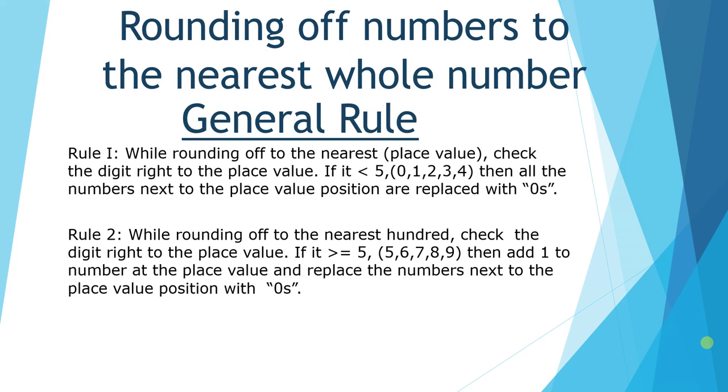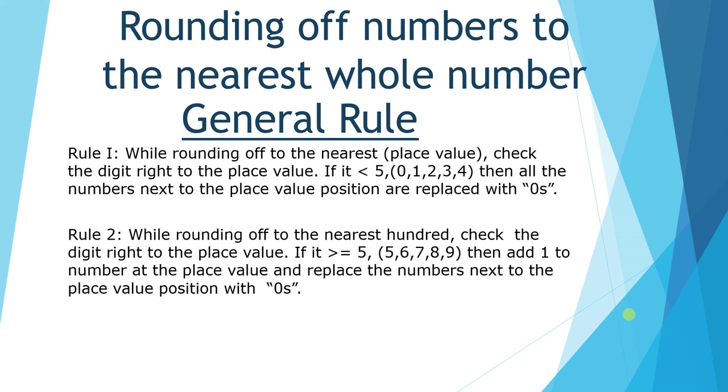So let's see how we can apply these rules. But before we go on, I want you to know the general rule. The general rule says that while rounding up numbers to the nearest place value, check the digit right of the place value. Whether you round off to the nearest 10, 100, or 10,000, all you have to know is that you check the digit right of the place value.